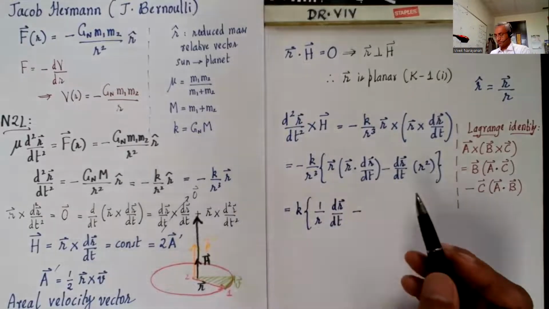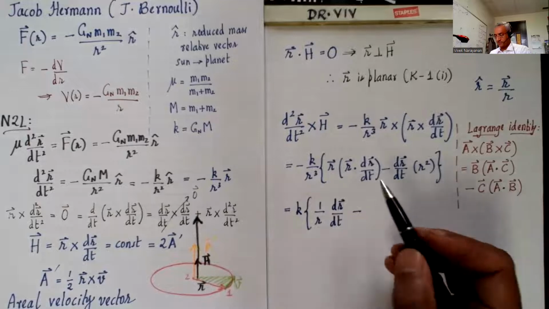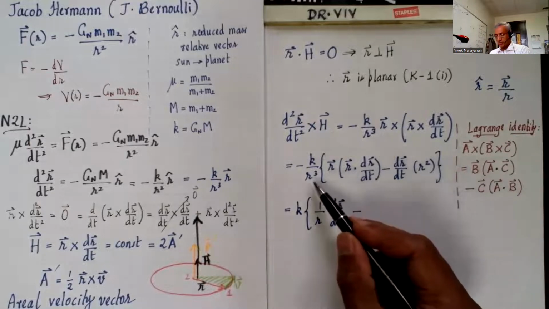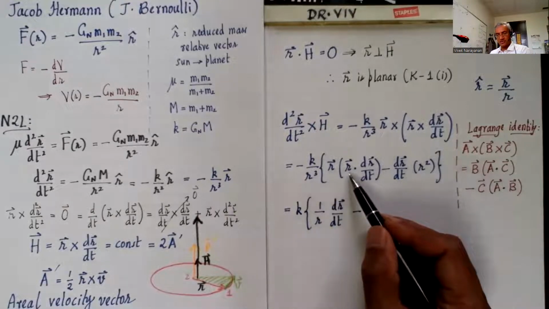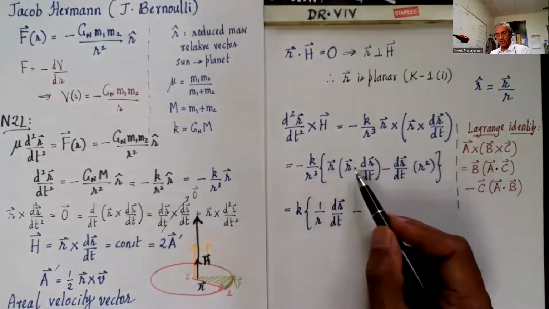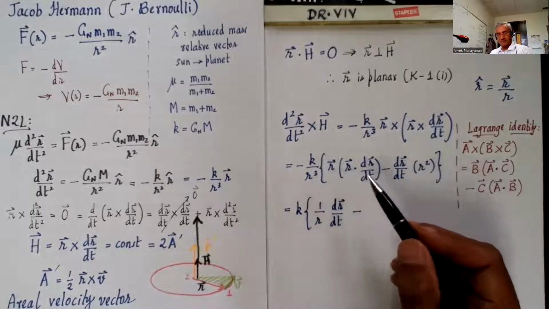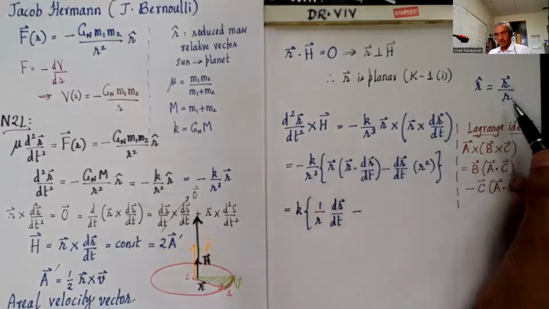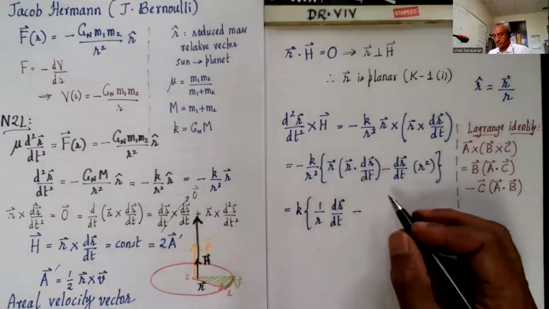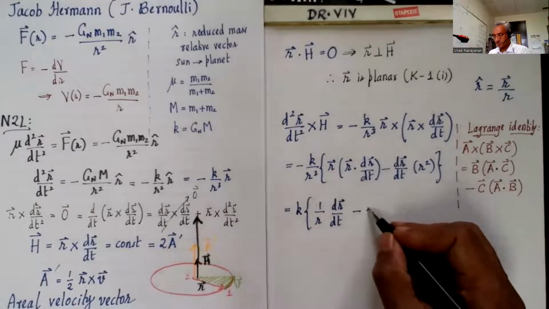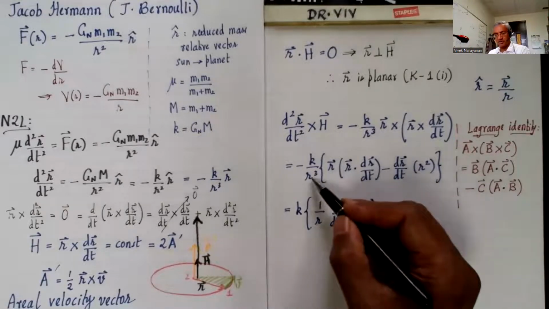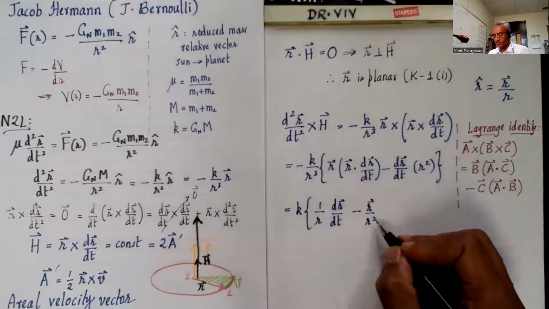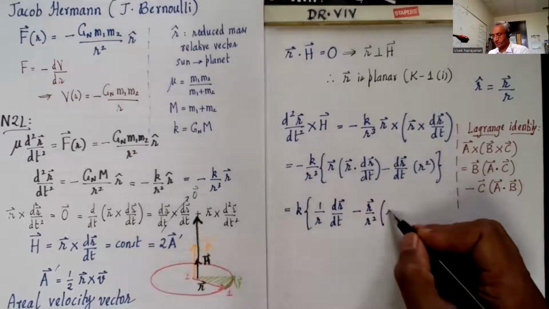For the first term, I'll take one factor of r for this r vector inside the dot product. So when I do r divided by r, I get r hat. So I'll do that one. Meanwhile, I have r and one factor of r squared left over. I'll leave that outside.